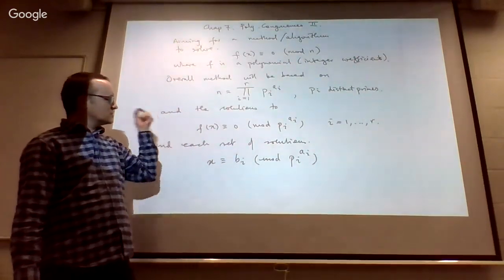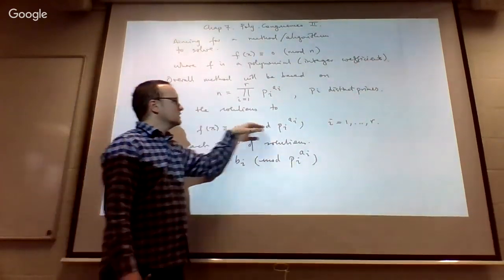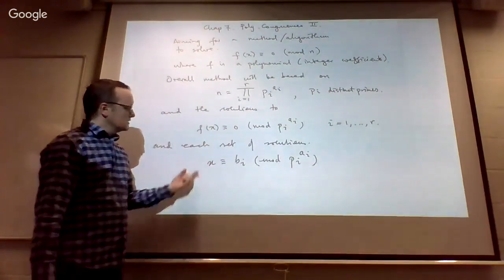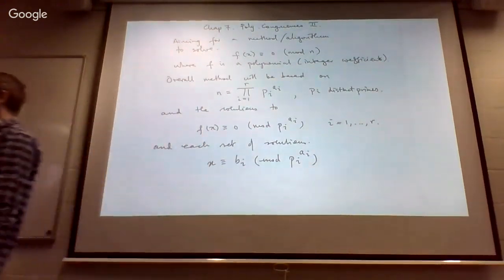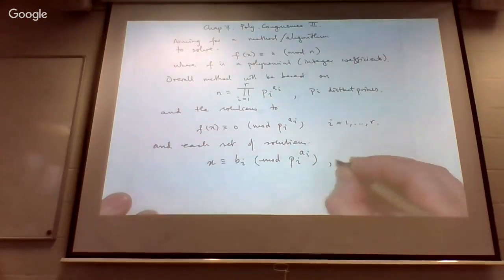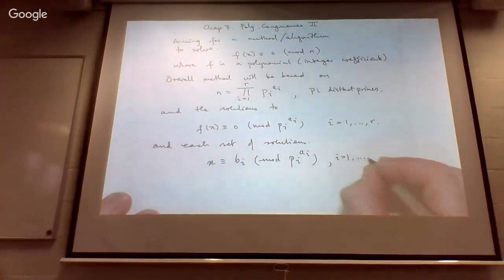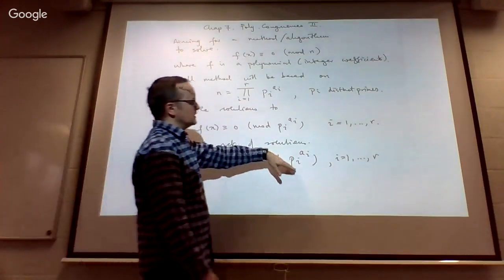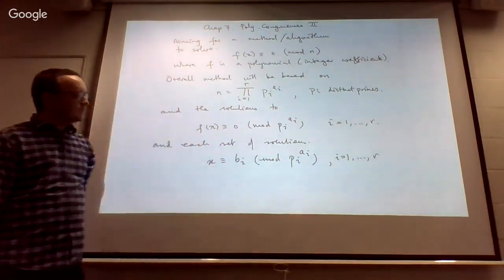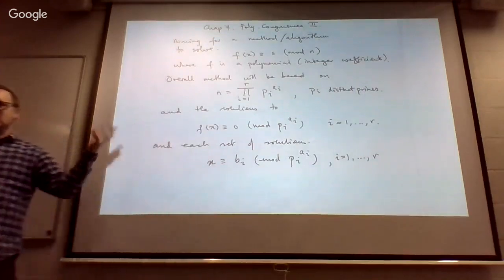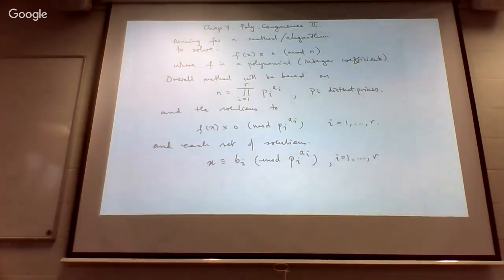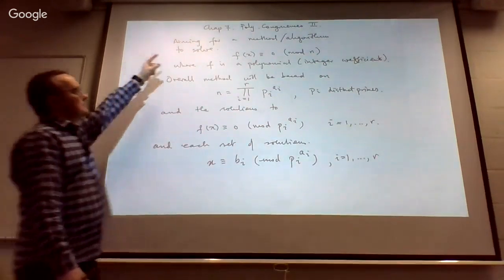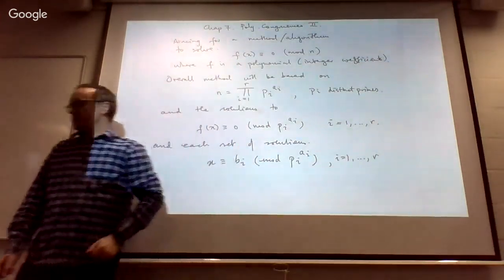But for a choice of one solution for each i, you have a system like this. You have the specification of one congruence class modulo p_i to the a_i for each value of i, and this is something that we're going to apply the Chinese remainder theorem to, to lift to an overall solution modulo n.